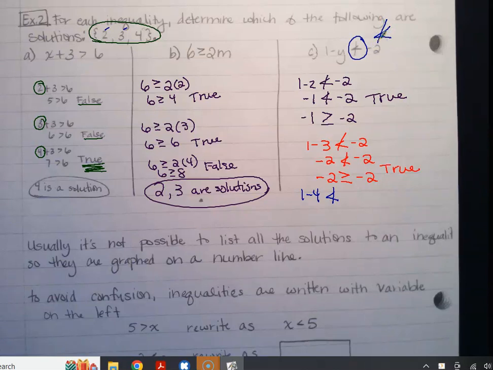Is not less than -2. What's 1 minus 4? -3. Okay, so -3 is not less than -2. Or we can say, well, -3 is greater than or equal to -2, and that is false. You can also tell by context clues that it is false right away.